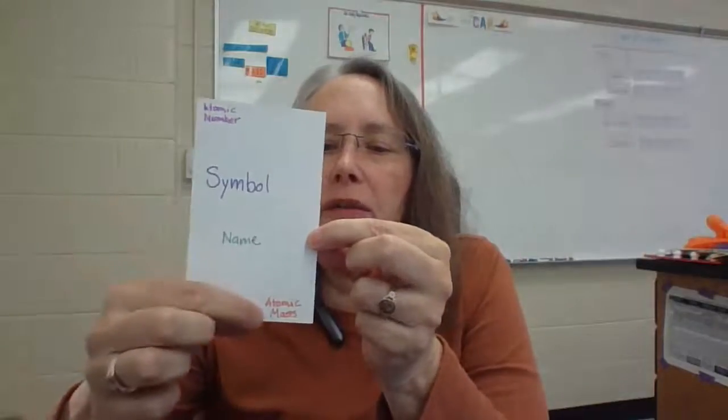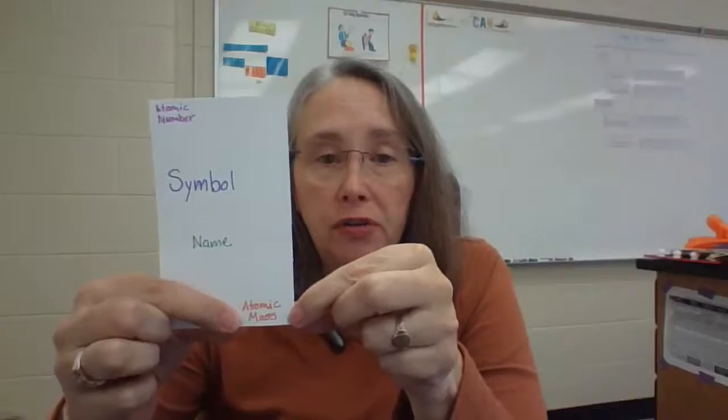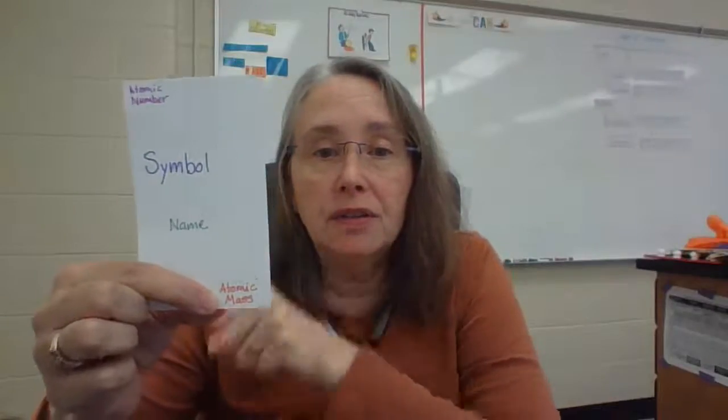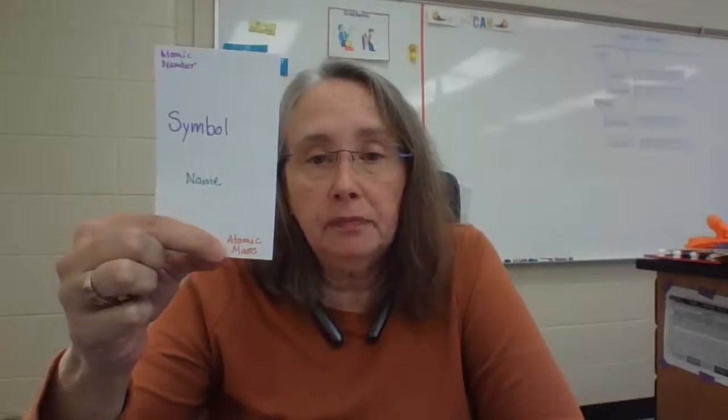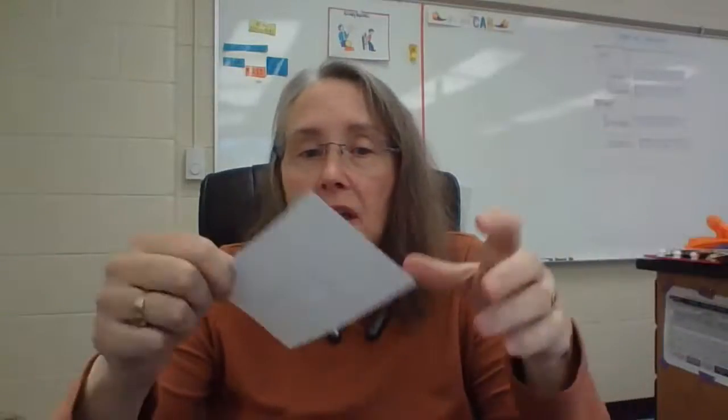And underneath there is atomic mass, and that's what's on all those cards or tiles that you see on a periodic table. So Mendeleev had like a deck of cards, and he started laying them out according to how many protons they had and how many electrons they thought they had.